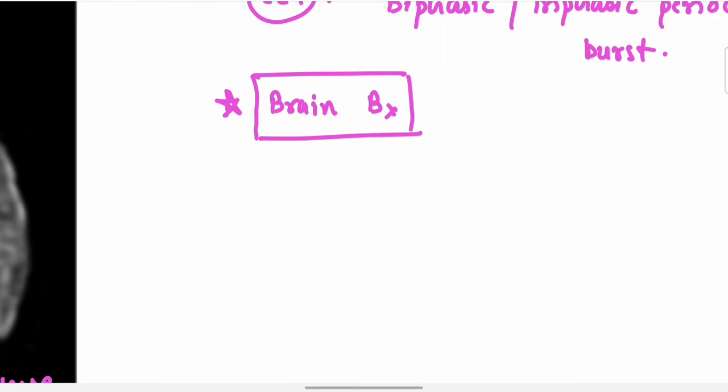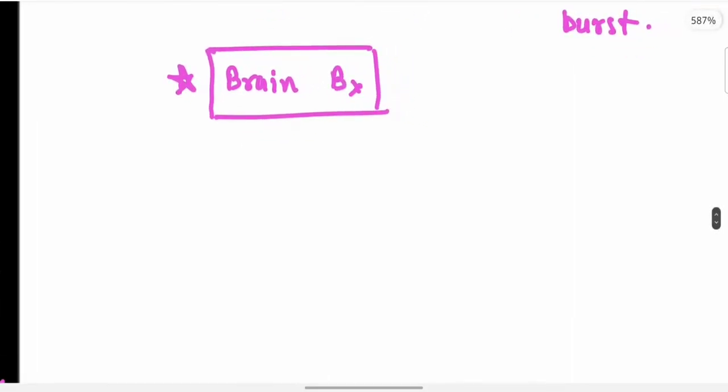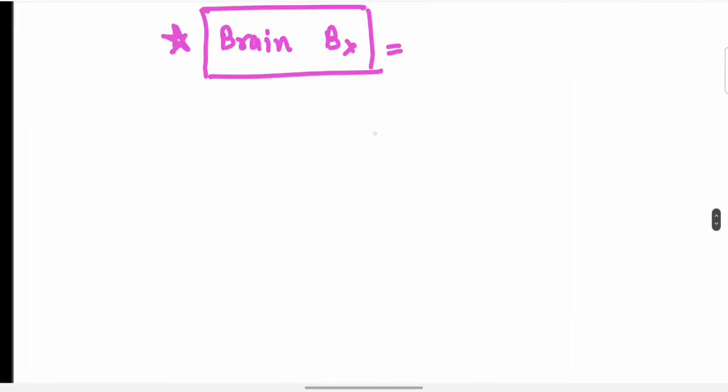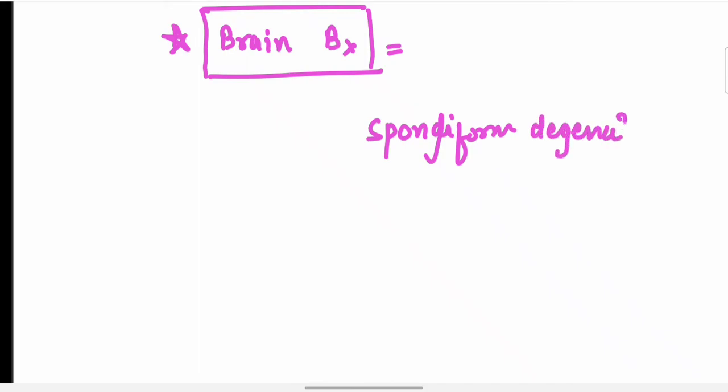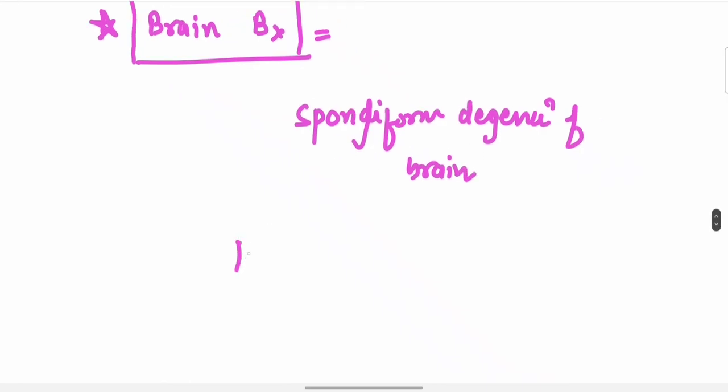So what will we do even after diagnosing the disease with the help of brain biopsy, which is the definitive diagnostic method? In brain biopsy, as we have already discussed, there is spongiform degeneration of the brain. This disease has 100% mortality. There is no treatment available for the disease. So thank you so much.